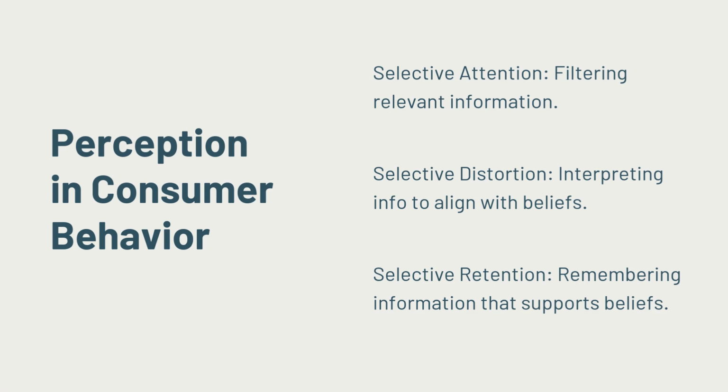Selective attention is influenced by factors such as relevance, novelty, and the consumer's current needs. So, if a consumer is hungry, they're more likely to notice advertisements for food. Also, stimuli that are unusual or unexpected are more likely to capture attention because of their unusualness.